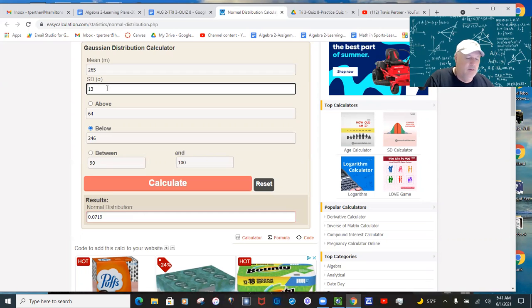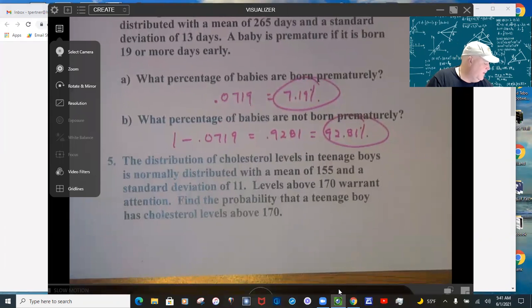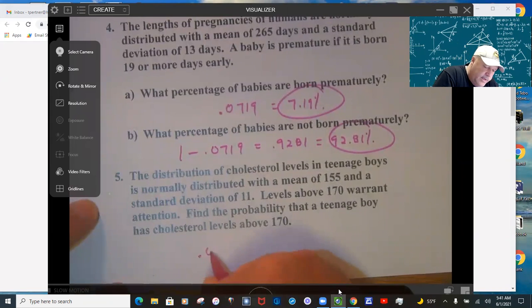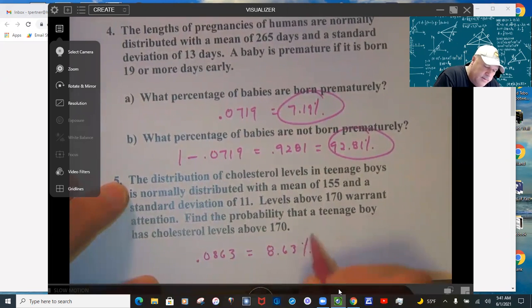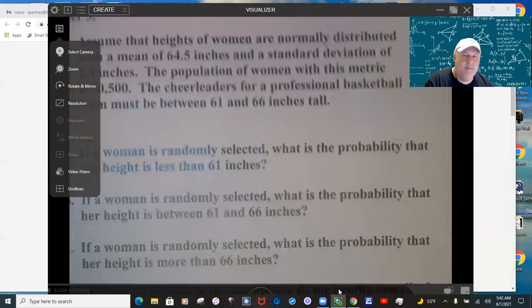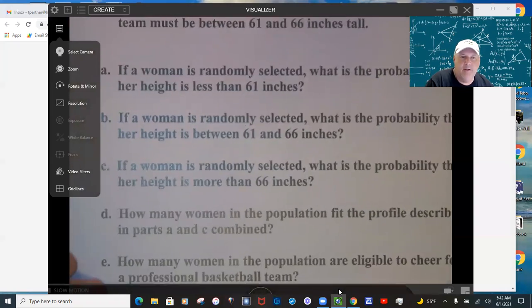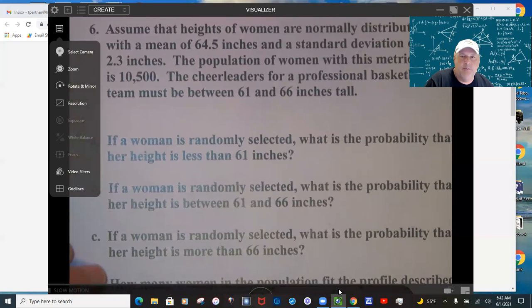Okay, and your calculator, you use it on and on in this manner. So above 170, this will give you 0.0863 or 8.63% with those 3. And then the second page is this giant problem here. And so your mean is 64.5, standard deviation is 2.3.